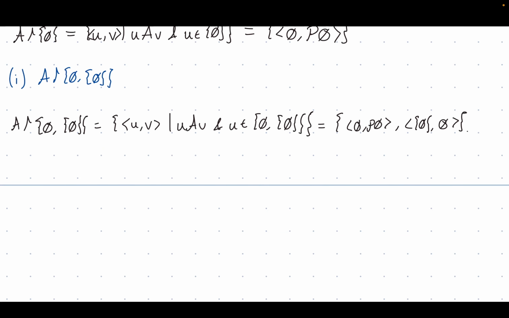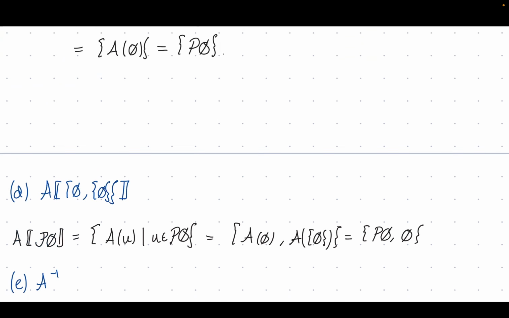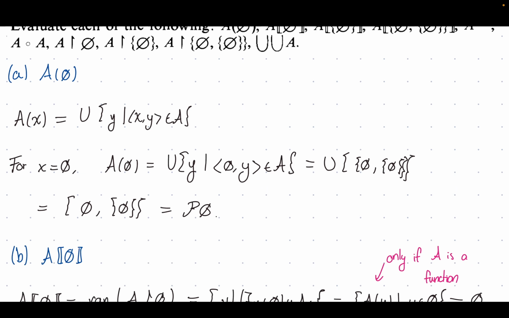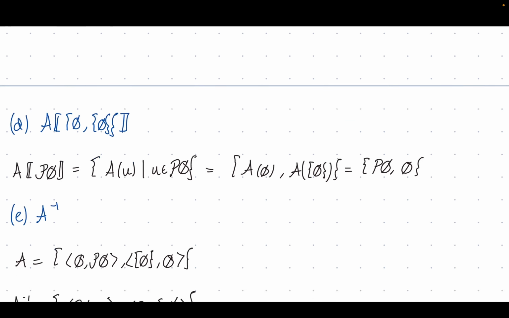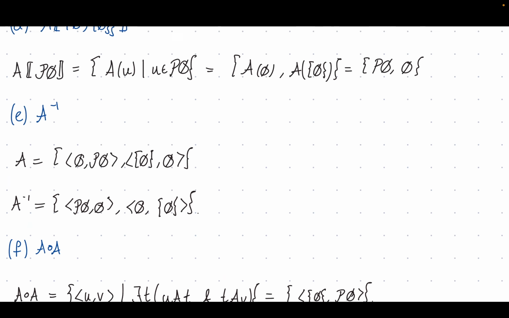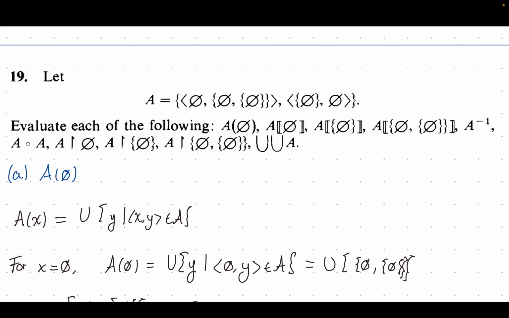Now J, I think that might be the last one. Yep. The union of A. We've worked with a lot of unions before. I think it's okay if I skip the formal definition. Essentially you take everything both in the domain and the range and you stick them all in one set.